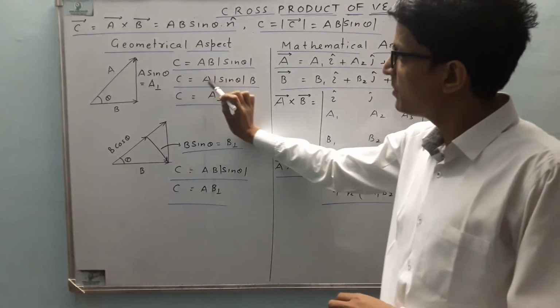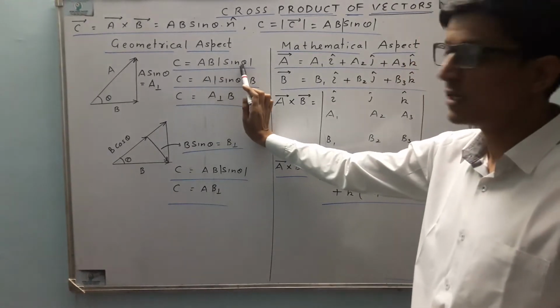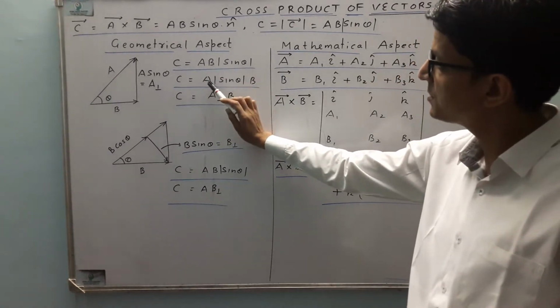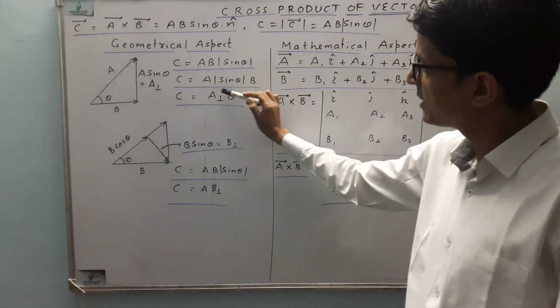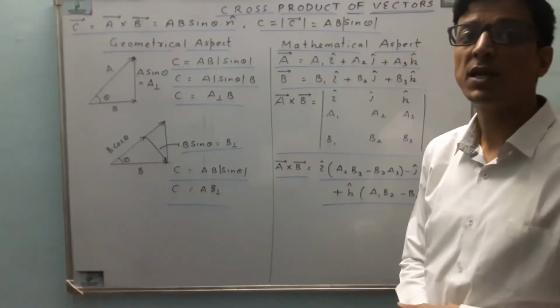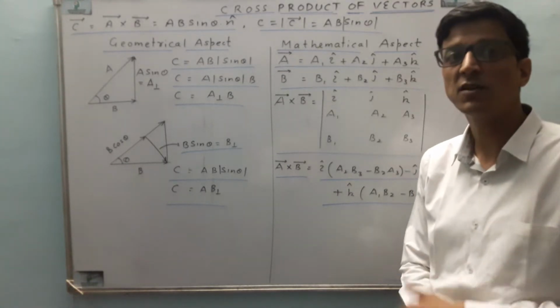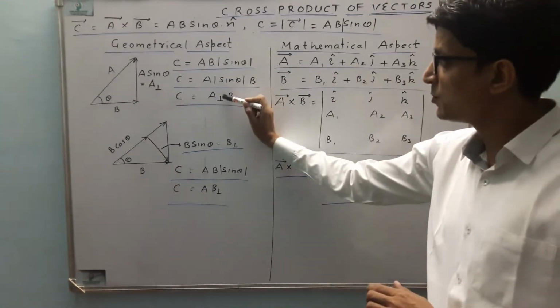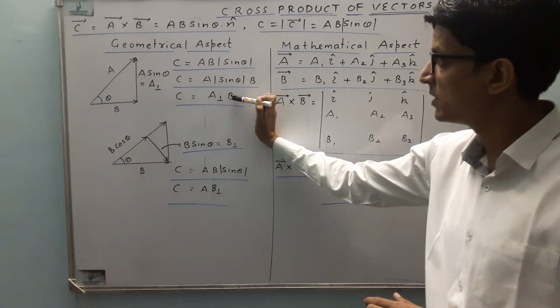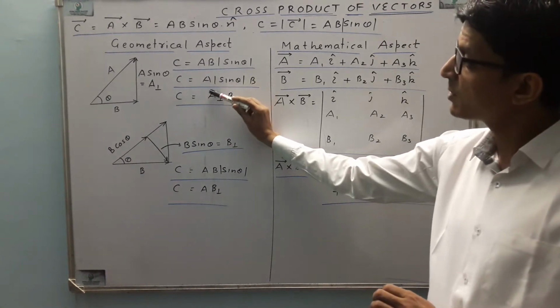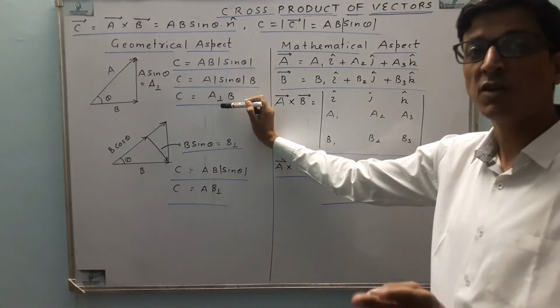So C can be written as AB mod sin theta. This can be written as A mod sin theta into B, and this A mod sin theta I have taken as A perpendicular. So for finding the cross product, you can use this concept: the cross product is the magnitude of one vector and the projection of another vector perpendicular to that vector.